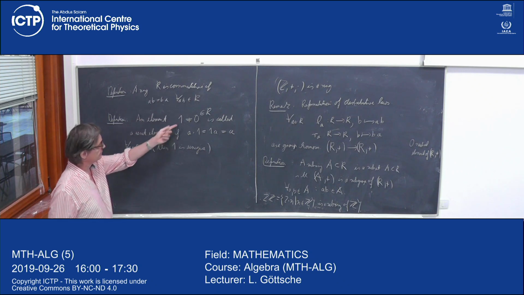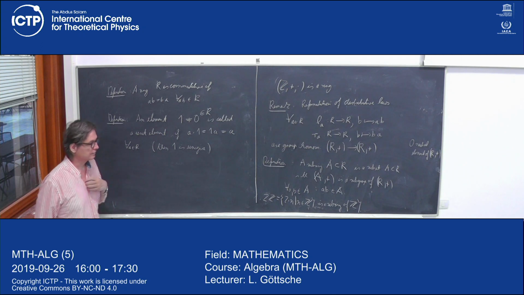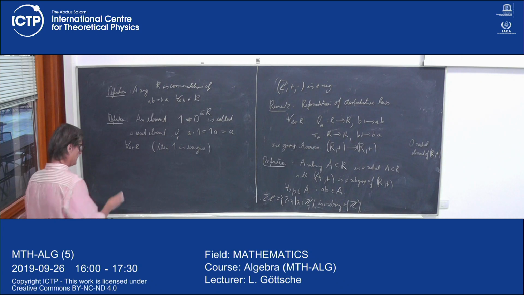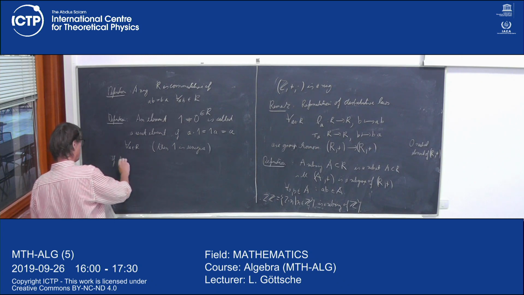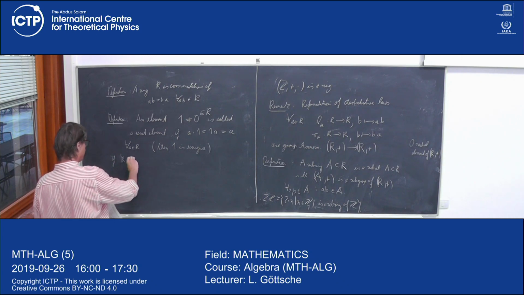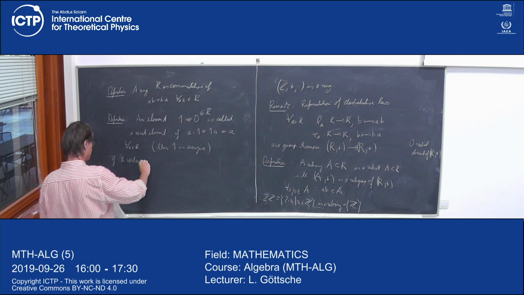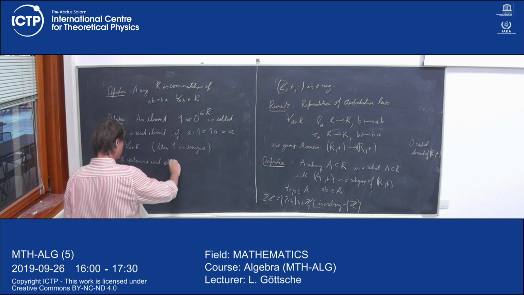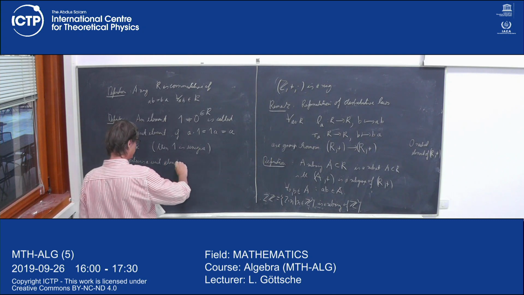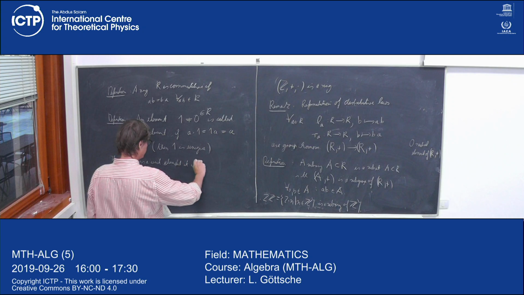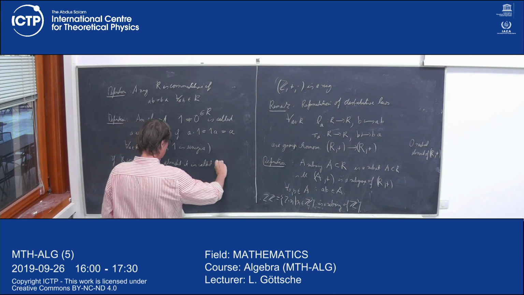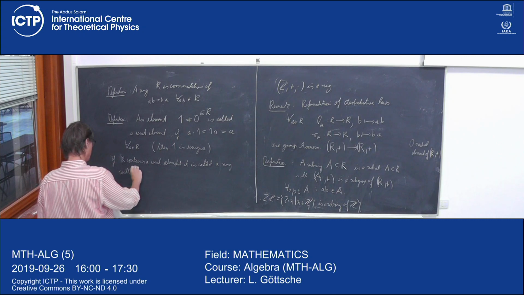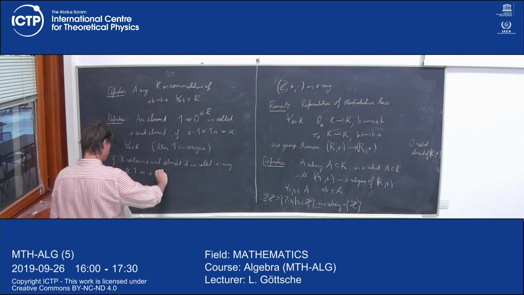If a ring contains such a unit element, it's called a unital ring, or sometimes we just say a ring with 1. So if R contains a unit element, it is called a ring with 1, or a unital ring.